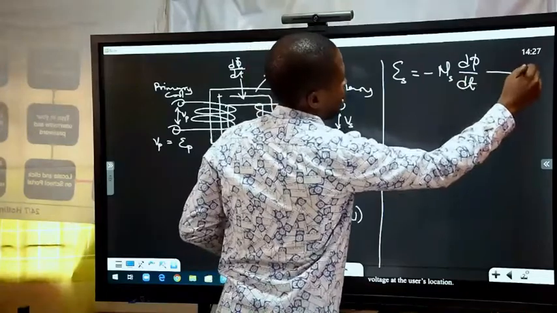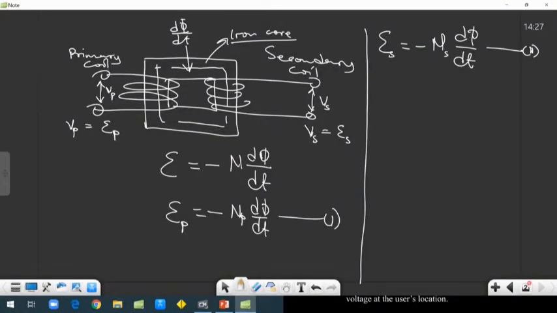If we consider these two equations for EP and ES, we can express that at the primary side, the rate of flux change is equal to the ratio of the primary EMF or voltage over the number of turns at the primary. And at the secondary, the rate of change of flux is equal to the EMF at the secondary divided by the number of turns at the secondary.